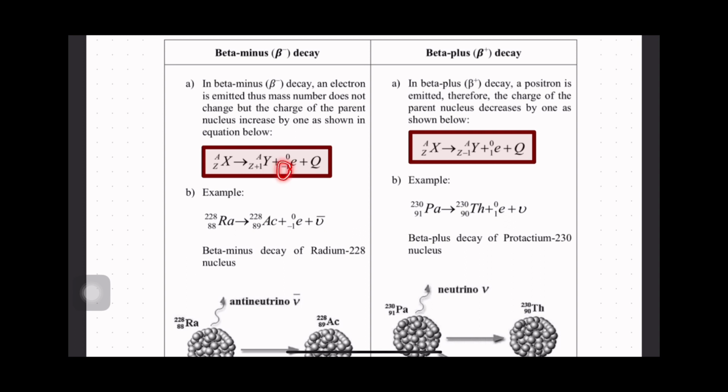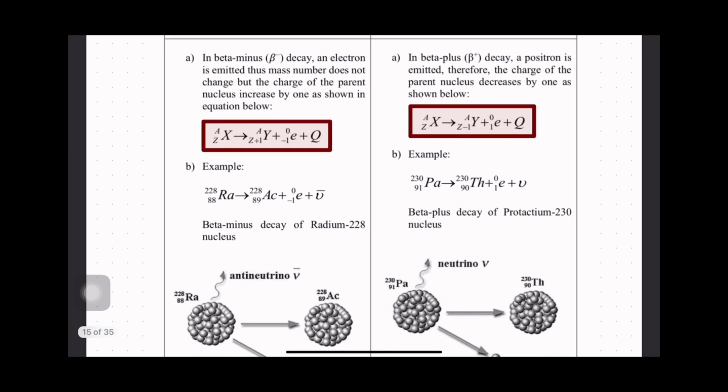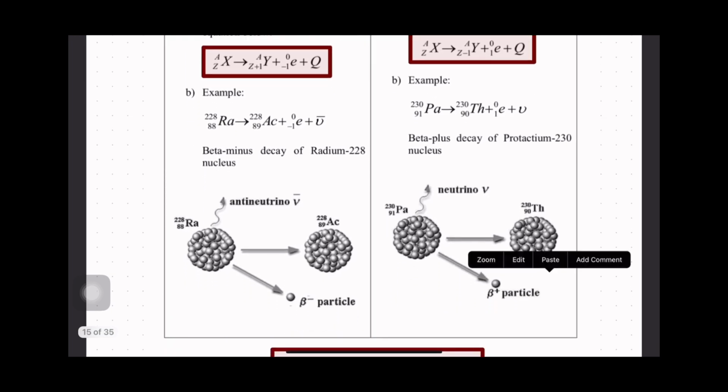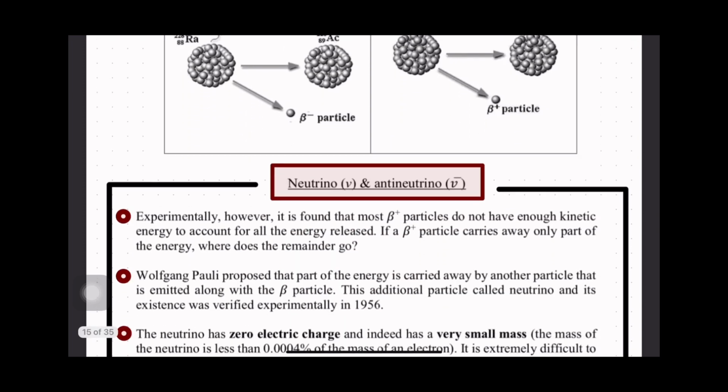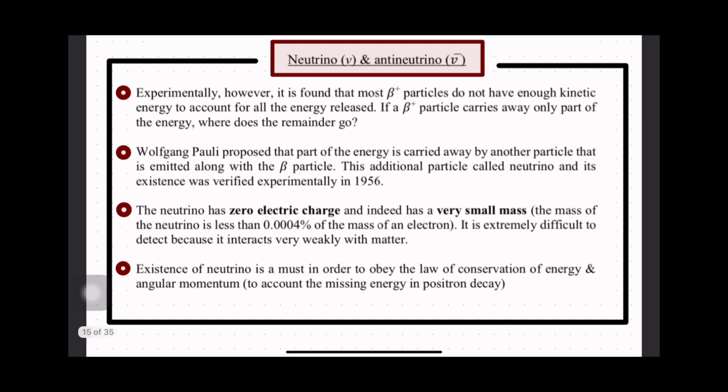For the electron it is negative 1, for the proton it is 1. For beta plus, the positron is positive 1. And if you notice here, it has a companion. For beta minus, it is accompanied by an antineutrino, and for the beta plus equation, it is accompanied by a neutrino. The symbol of the neutrino is like this, and this one is the antineutrino because it has a bar sign on top of it. So, neutrino and antineutrino.